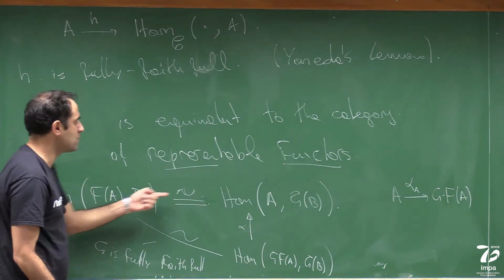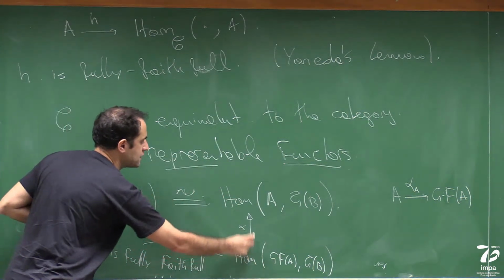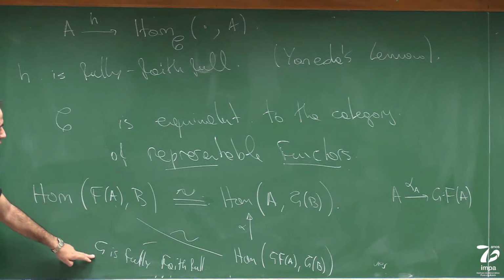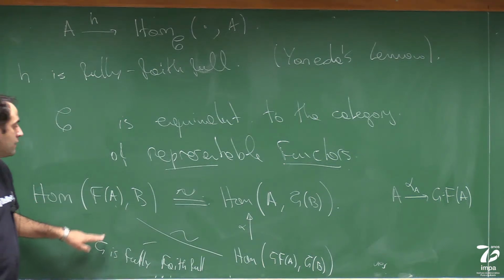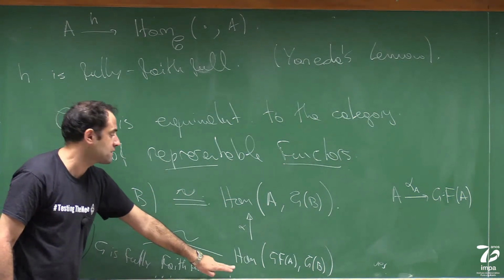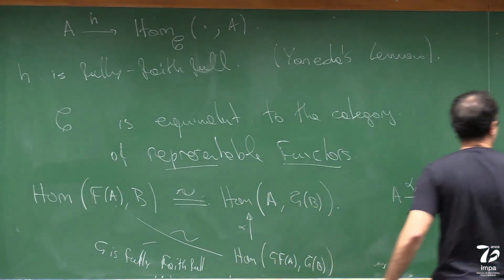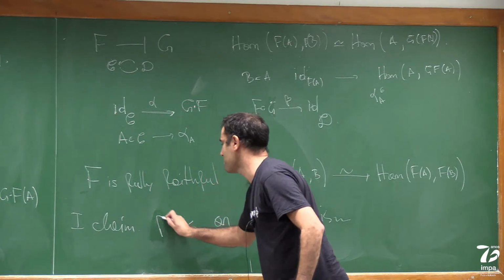So now this isomorphism here is given by the composition of these two. And there we see immediately that if G is fully faithful, then this is an isomorphism and this is an isomorphism, therefore this is an isomorphism. So if F is fully faithful, then beta is an isomorphism.